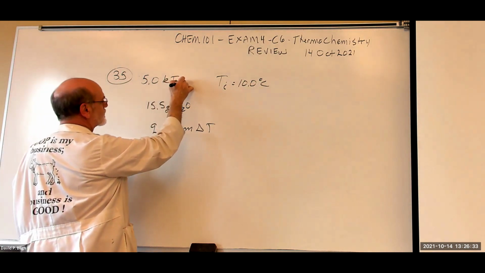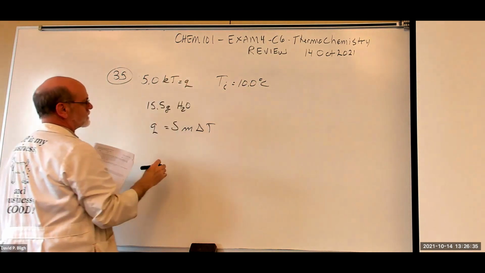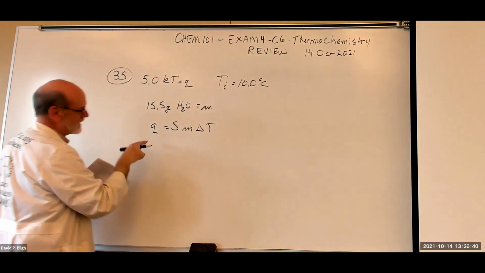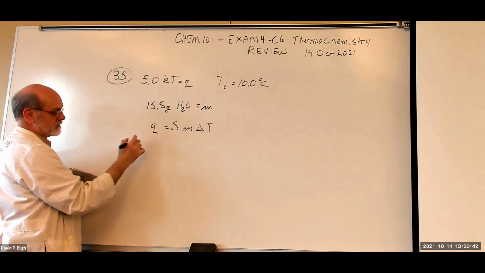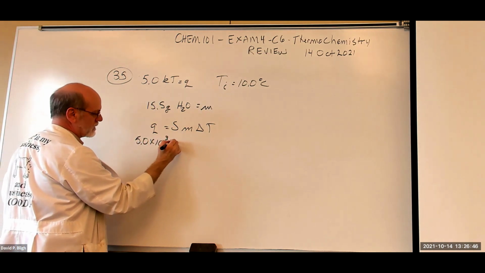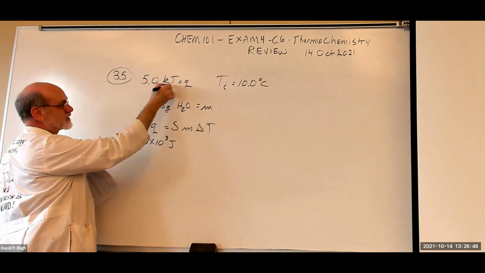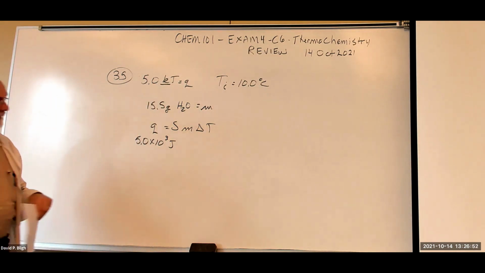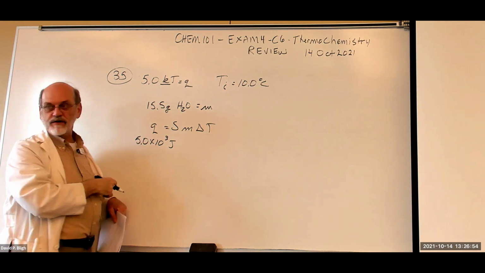And this is equal to Q, and this is the mass. Okay? Q needs to be in joules. 5.0 times 10 to the third joules. Right? I just took this right here, that K, which means 1,000 times, and turned it into 10 to the third.